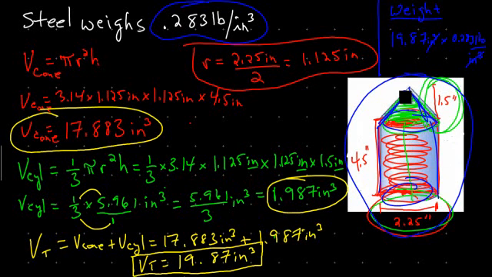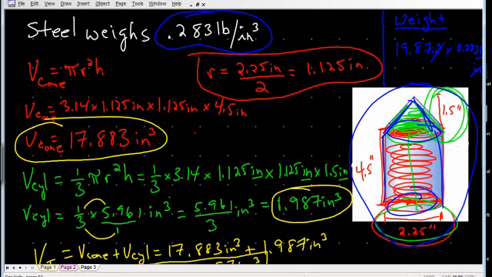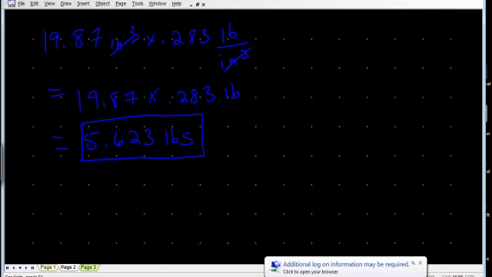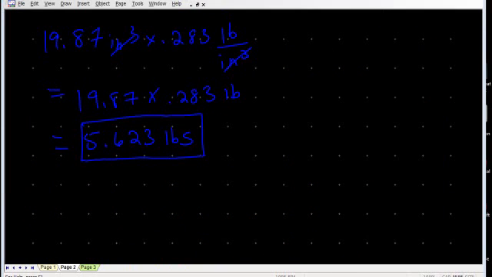And once we found the volume, we used the fact that each cubic inch weighs 0.283 pounds. And over here on the second page, we'll see, so we have 19.87 cubic inches times 0.283 pounds per cubic inch, and that gives me a total weight of 5.623 pounds. And that's going to conclude this video on the application of the volume of a cone and the volume of a cylinder.